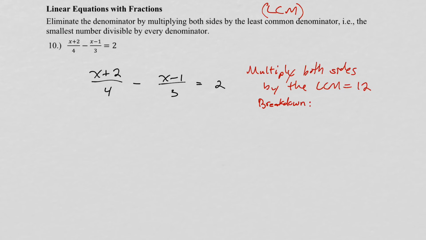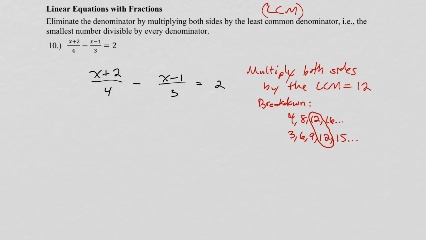So multiples of 4 and 3. So 4, 8, 12, 16, and it goes on forever. 3, 6, 9, 12, 15, it goes on forever. So they have a lot of multiples in common, but the least is just the first one that you come to, which is 12.